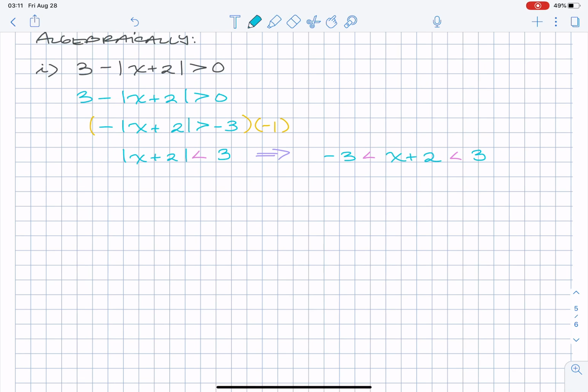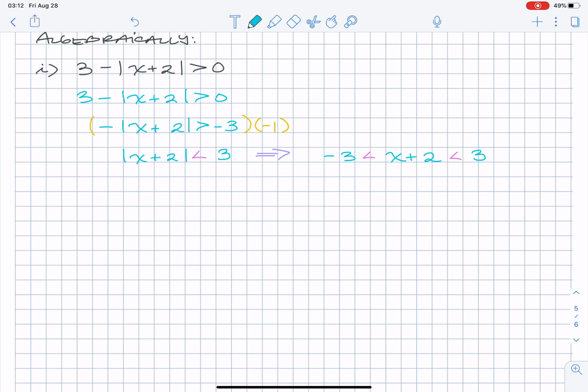So this is what a three-way inequality is. I keep the inequality the same, put the negative constant on the left, positive constant on the right, and put what's inside the absolute values in the middle.